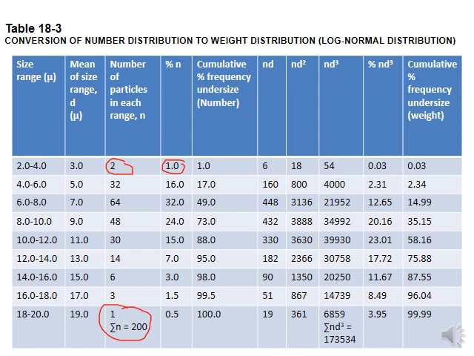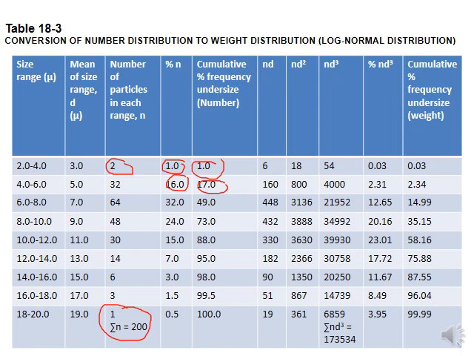Cumulative percent frequency under size is obtained by summation of percent n. For example, 1 plus 16 equals the 17%. So in this case, the cumulative percent frequency under size in this range of size is 17%.